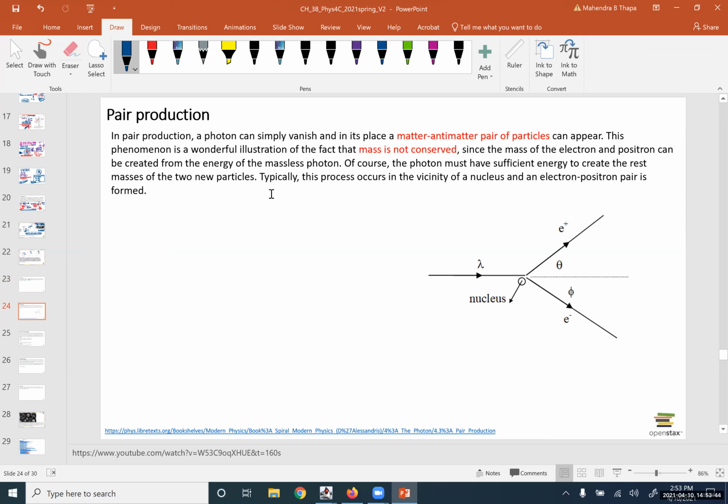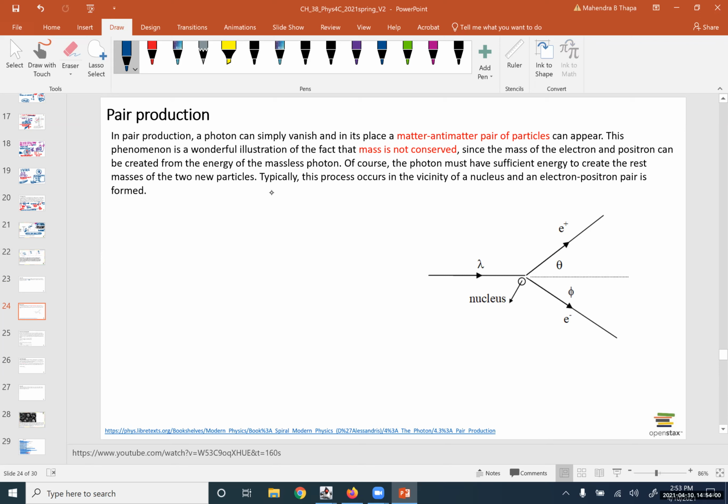This is another example of a quantum phenomenon. In this case it is called pair production. We are talking about matter and antimatter.